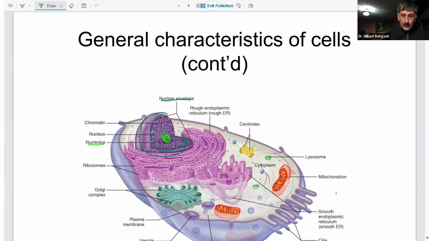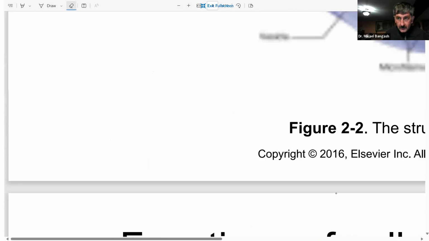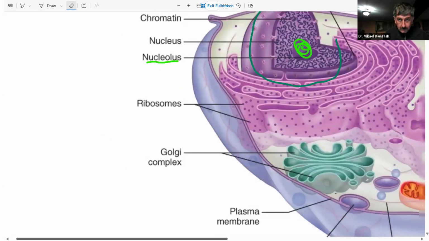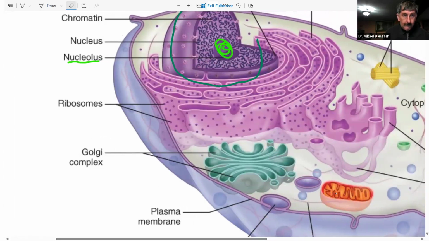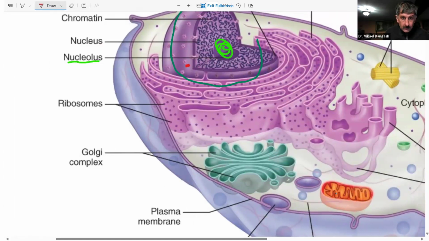Now, guys, let me just erase that. Now we're going to zoom in on our nucleus and what we have right next to it. All this here is your nuclear membrane.